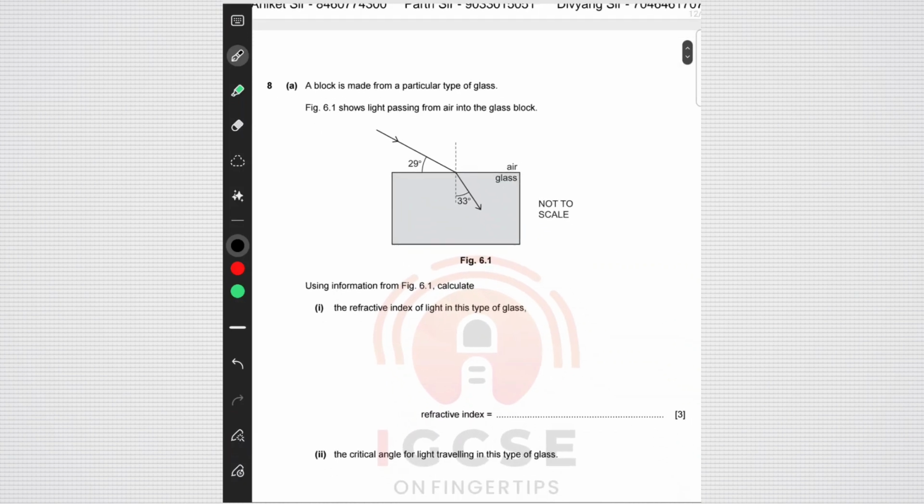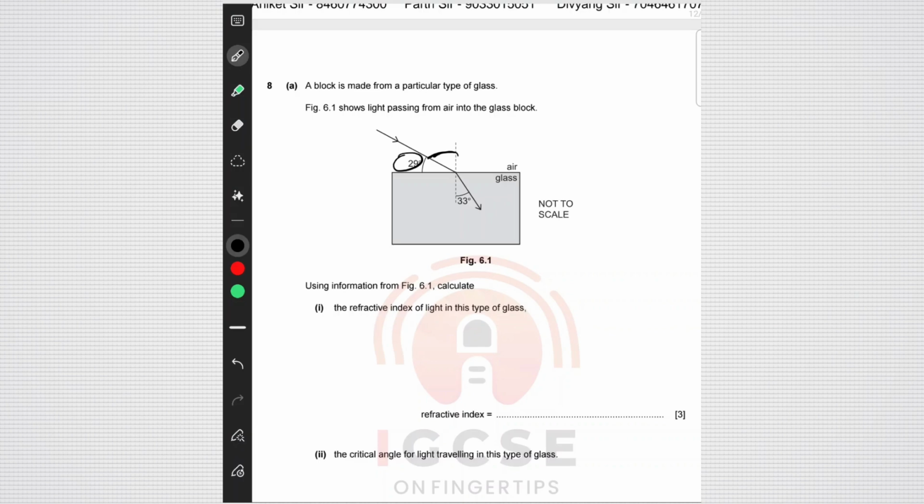A block is made from a particular type of glass. Figure 6.1 shows light passing from air into the glass block. Using information from figure 6.1, calculate the refractive index of light in this type of glass. First of all, don't make the mistake of considering 29 as the angle of incidence. Actually 29 is the other angle.